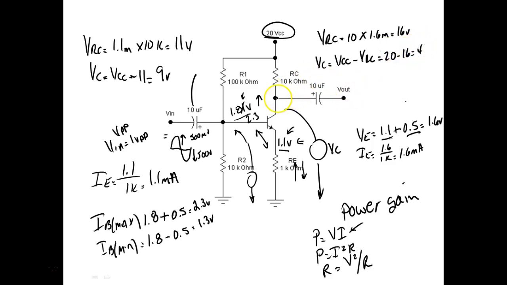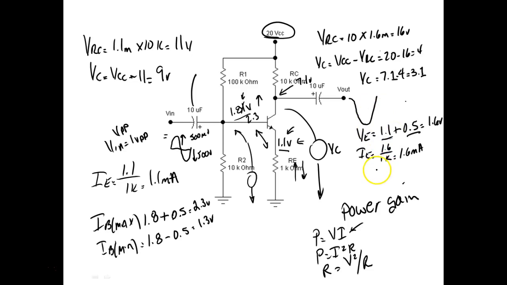So it was sitting at what? What was it originally? 7.1. So VC is going to go from 7.1, and it's going to drop by 4 volts. So it's going to drop down to 3.1. So it's going to go down, and that's going to be the peak.